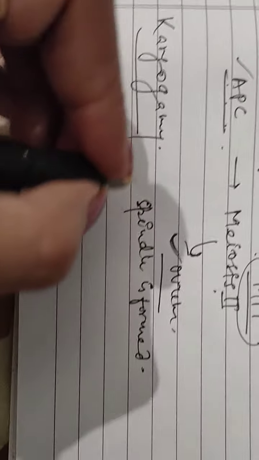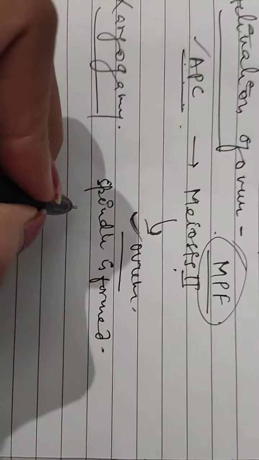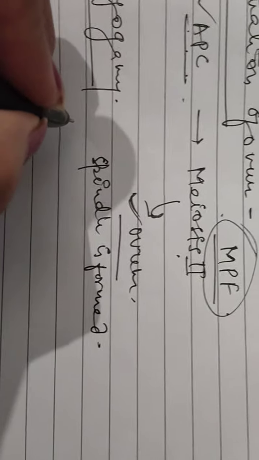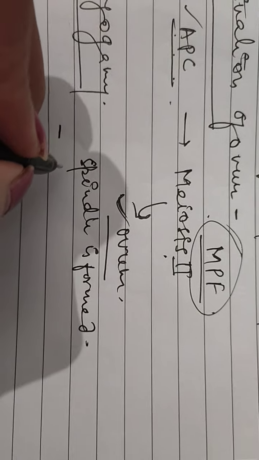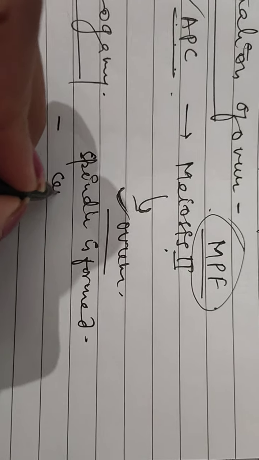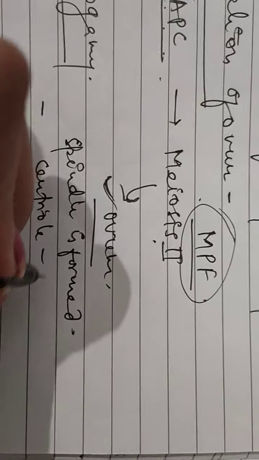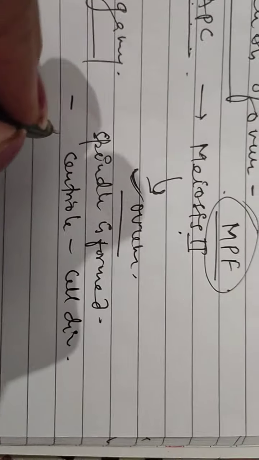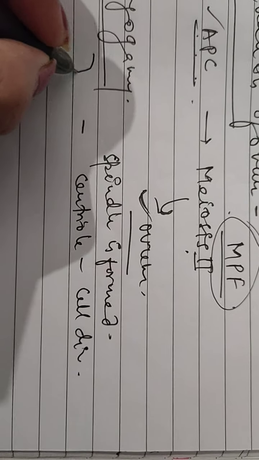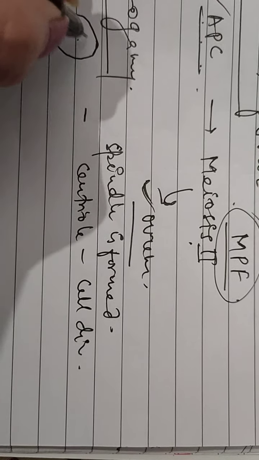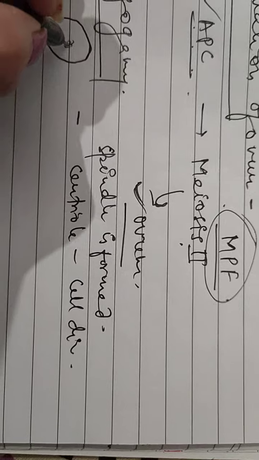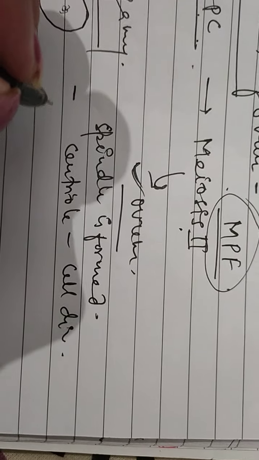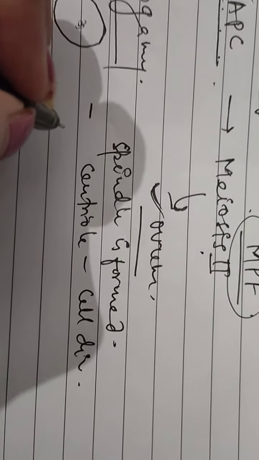As you have seen in the sperm structure, there is a centriole. The centriole facilitates cell division, and you know that the ovum is larger in size and full of cytoplasm, so it provides nutrition to the whole process which is going on.